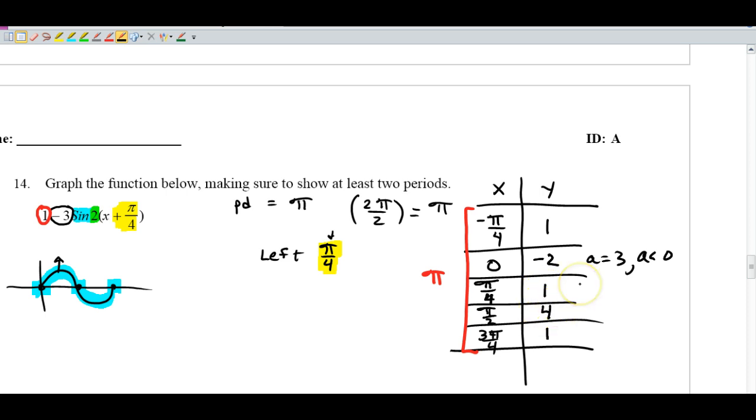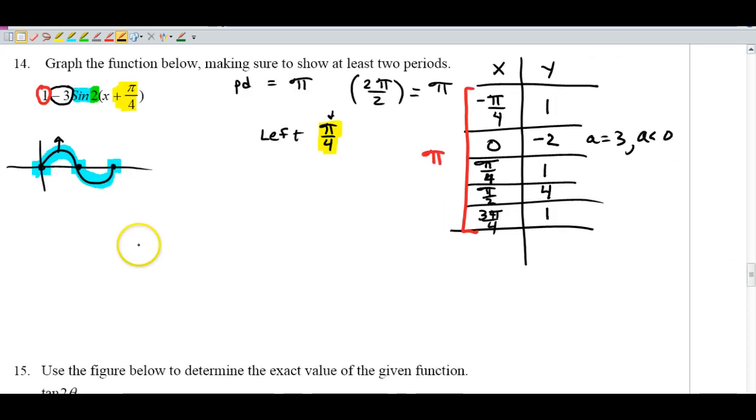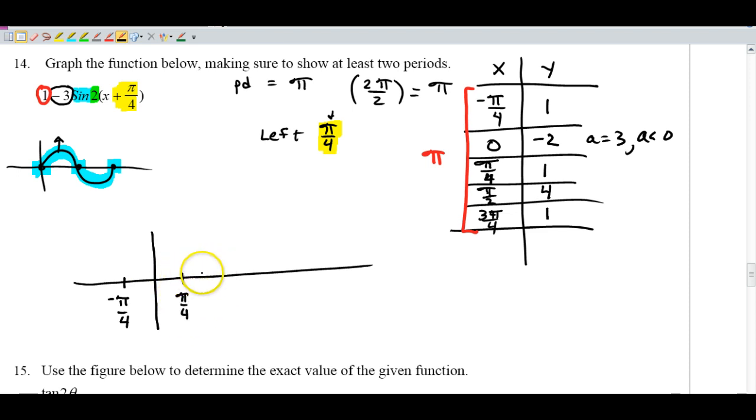So let's get this thing on a coordinate plane now. So we have a graph that looks like this, and then we have negative pi over 4 here, and pi over 4, pi over 2, 3/4 pi, pi, and pi is here. 1, 2, 3, 4 would give me 2 pi.